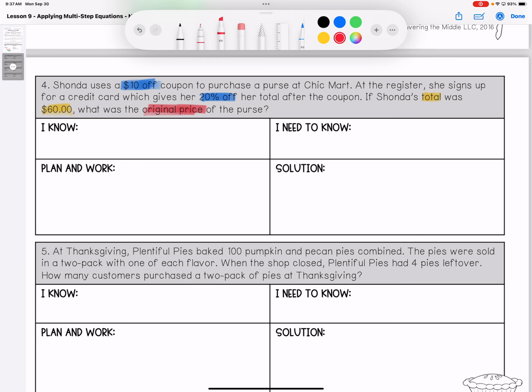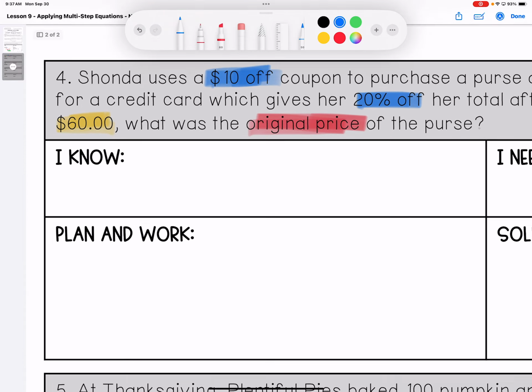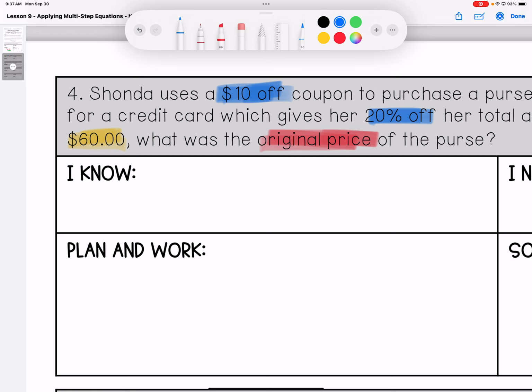All right, so this is probably new for you guys, so let's break it down here. What do we know? We know that she got 20% off. And then we know that she had a $10 coupon. And then we also know the total was 60.